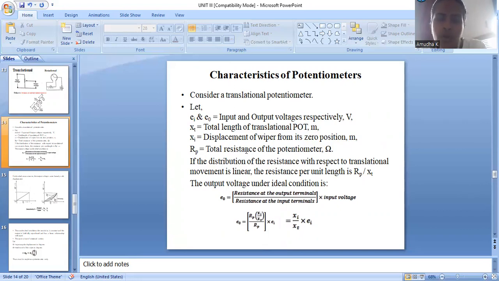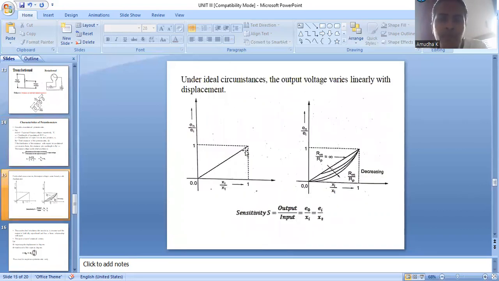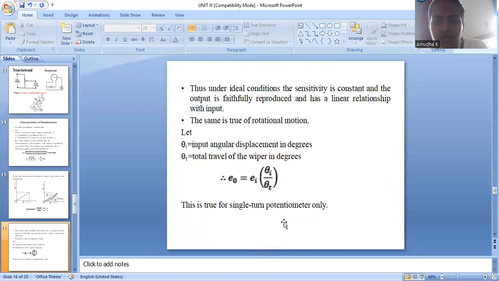Okay, so this is the formula for measuring the output voltage. Under ideal circumstances, the output voltage varies linearly with respect to displacement. If the displacement varies, the output voltage also varies in a linear manner. From this, the sensitivity is analyzed as output by input.